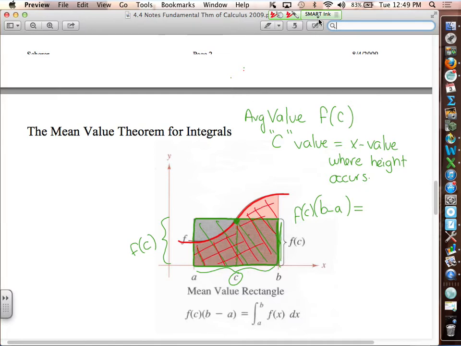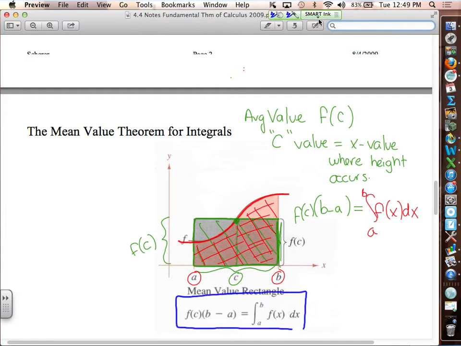And to find the area under a curve, we can integrate. We would integrate this from my lower bound to my upper bound, from A to B. And that curve we called F of X, whatever it happens to be. So that's where those two things are equal. And here's that mean value theorem then, or they'll call it the mean value rectangle, is that grayed out part there.